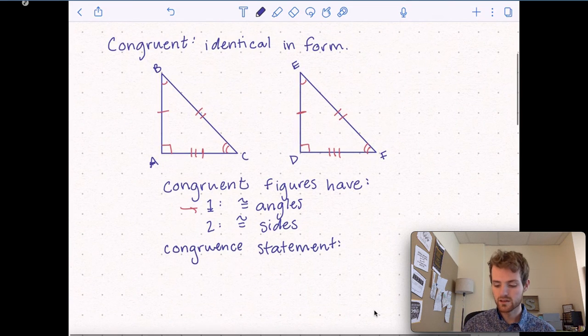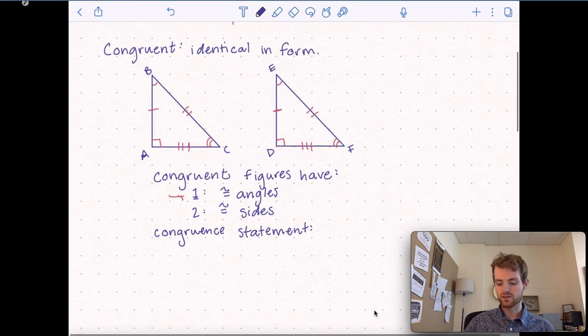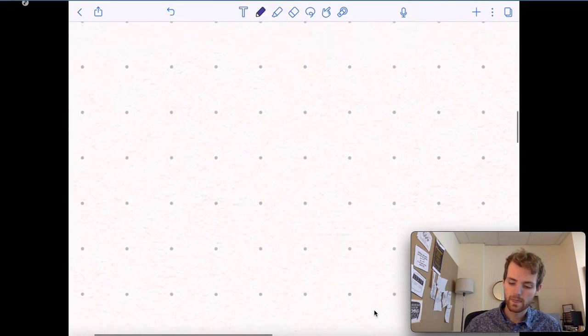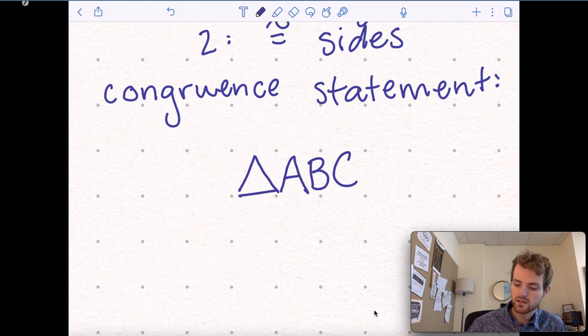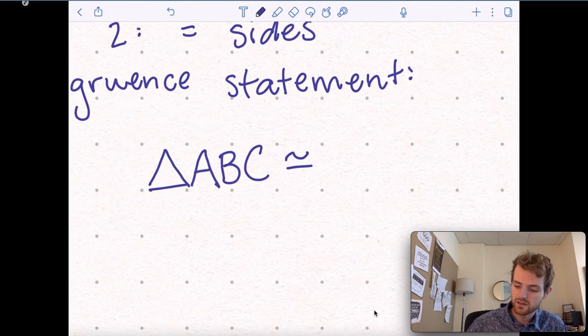That was when we compared these two triangles. I'm going to zoom in real quick just so I can get some good handwriting here. That was when we would say triangle ABC is congruent to triangle DEF.